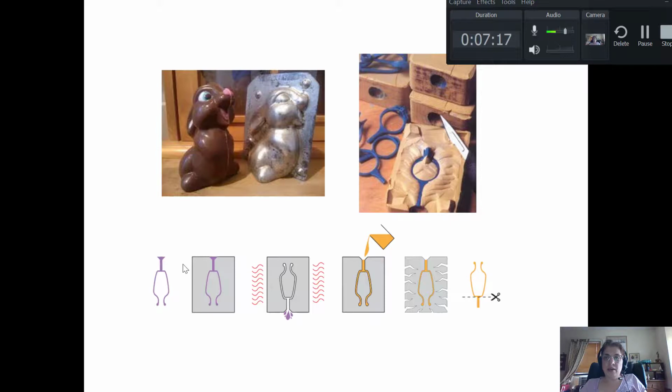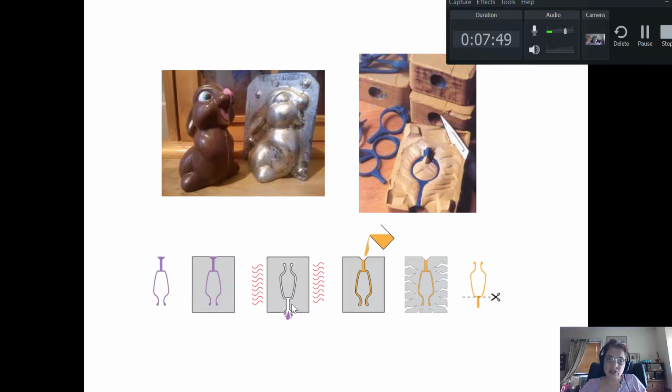Then you open that up and you pour wax into it, like the chocolate, and you have to turn your mold so it coats the inside with wax. And then you take more of that plaster material and you put it inside the wax when the wax has cooled. So you have an object like this where you have the plaster material, and then you have wax, and then you have more plaster material. Okay.